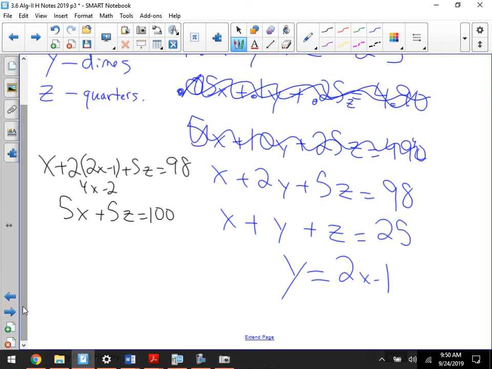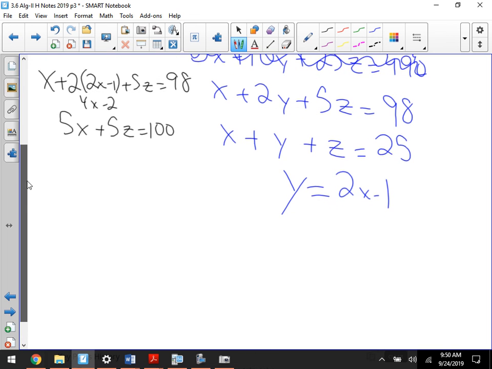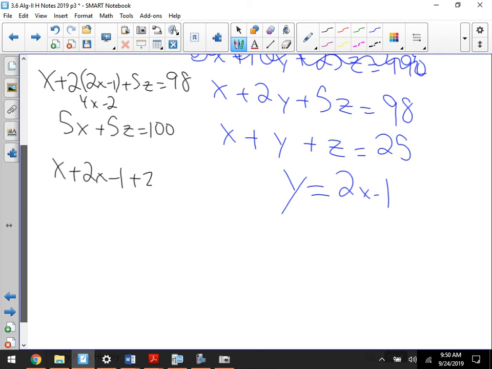The next one, if I substitute into here, we get x plus 2x minus 1 plus z is 25. Okay. So I have 3x plus z is 26. So far, so good?